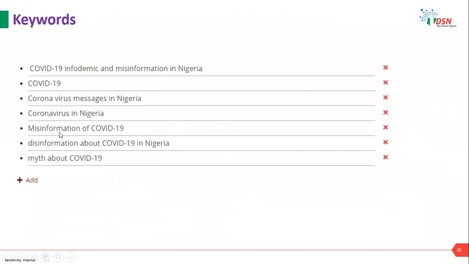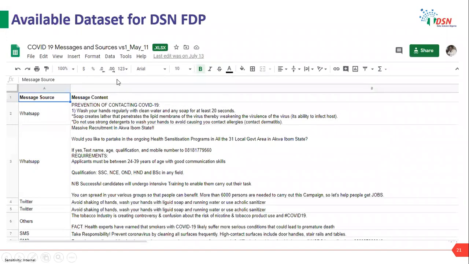As you can see here: misinformation of COVID-19, myth about COVID-19, coronavirus messages in Nigeria, COVID-19 infodemics and misinformation in Nigeria, and so on. This is how the data set looks like. This is just a sample of the data set, and it has 3,000 different messages that people received for COVID-19.